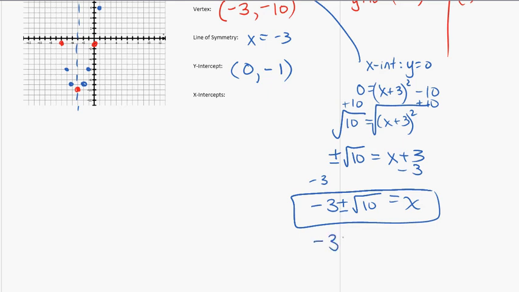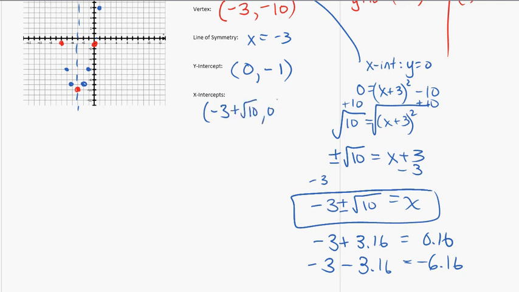So this would be -3 plus 3.16 and -3 minus 3.16, which is about 0.16, exactly where I was expecting it, between 0 and 1, and negative 6.16, exactly where I was expecting it, between negative 6 and negative 7. So the solutions here I could write simply as negative 3 plus the square root of 10, comma 0, or negative 3 minus the square root of 10, comma 0. And those are my x-intercepts.